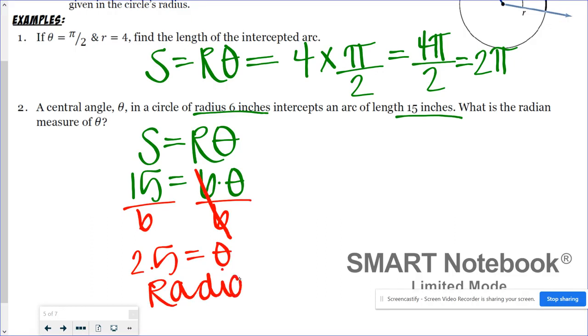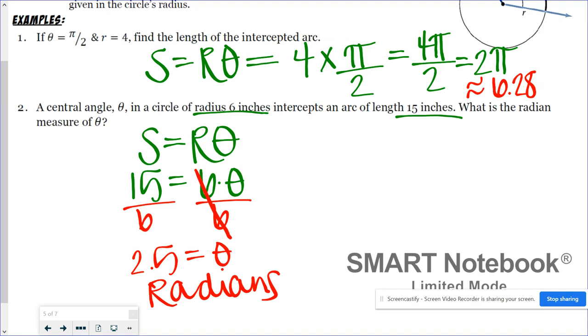A common misconception is that there must be a pi attached for it to be considered radians, and that's just not true. What if they've already multiplied by pi? Like up above, I could say 2 pi is the arc length, or I can say it's approximately 6.28.